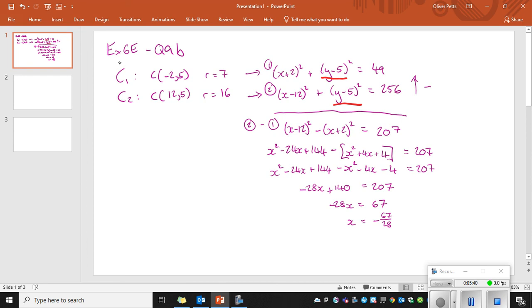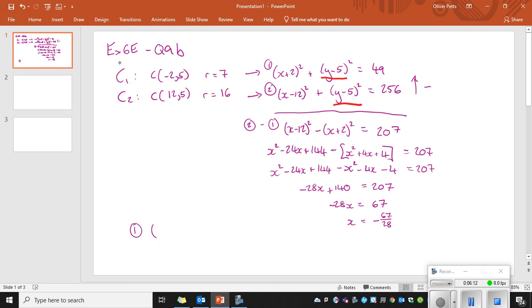Not to worry. If we think of two circles overlapping, they could intersect in just one location. But the wording of question 9b says find the coordinates of the intersection points, plural. Now, it could be a red herring. There may only be one point, but let's just see what happens when we use this value of x. So we now need to substitute it into one of the original circle equations. So let's go for the first equation, equation 1.